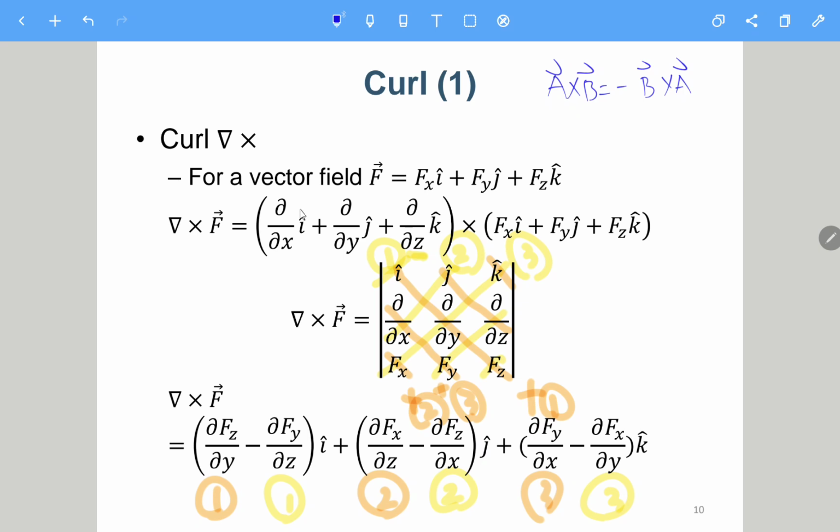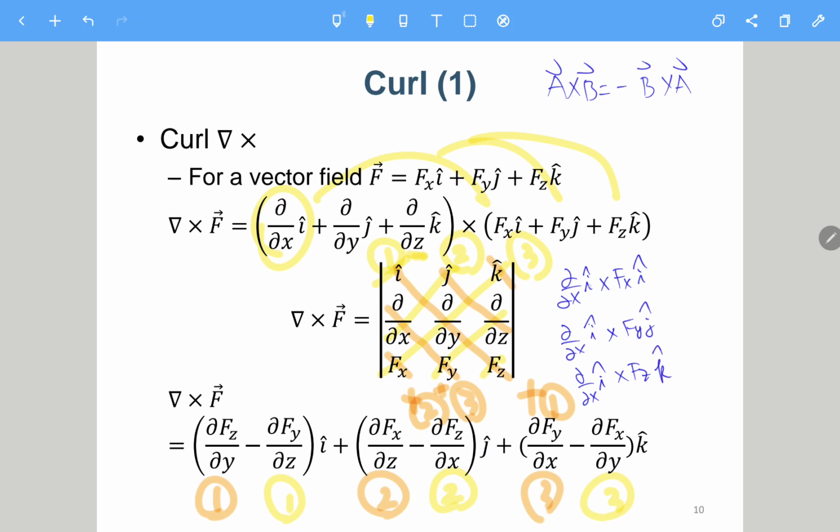Okay, so this is the way to use the determinant to calculate the cross product, or actually you can also distribute. Then you will see i cross i will be 0, i cross j will be k, and i cross k will be negative j. So for this term, you distribute: partial x i hat cross fx i hat, partial x i hat cross fy j hat, and partial x i hat cross fz k hat.